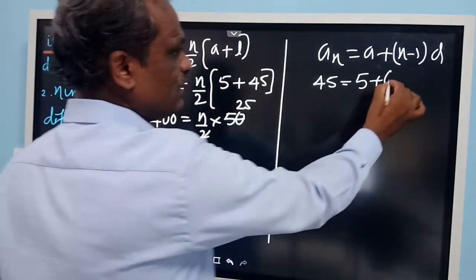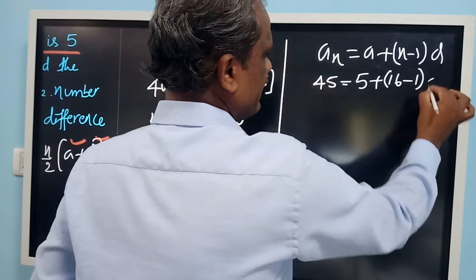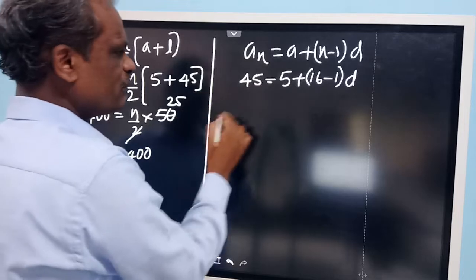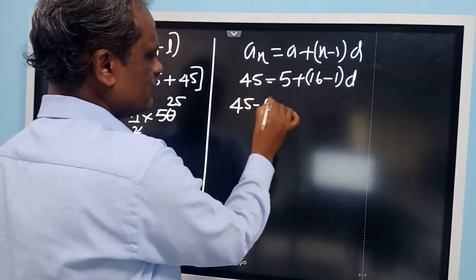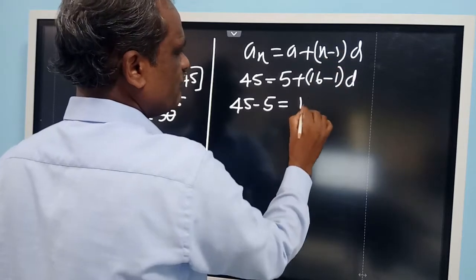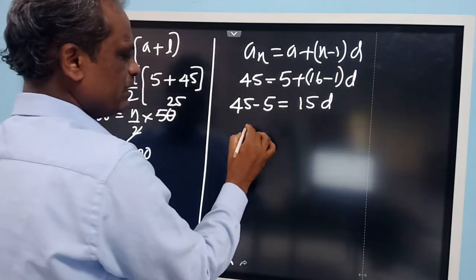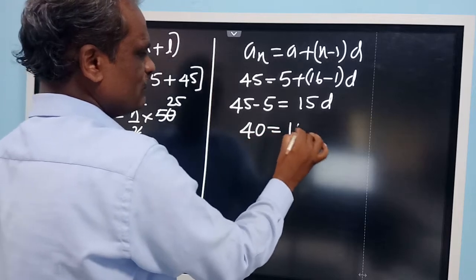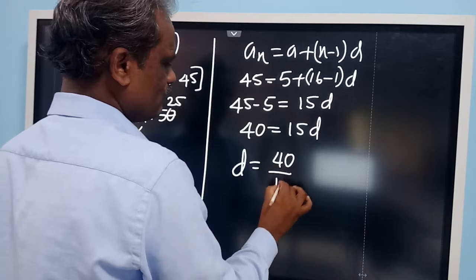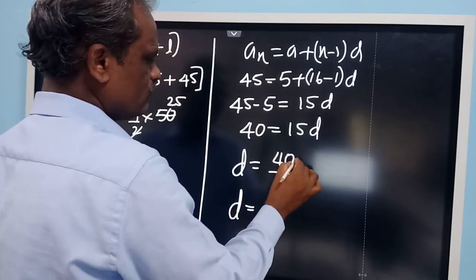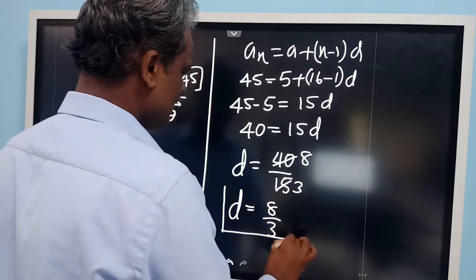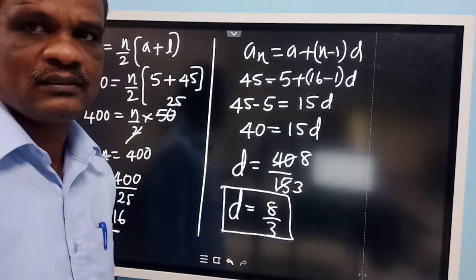We calculated the n value, 16, minus 1, into d. So only one variable is missing. We can calculate easily. Transfer 5 to the left side. 45 minus 5 is equal to 15d, since 16 minus 1 is 15. So 45 minus 5, it is 40, is equal to 15d. So d is equal to 40 divided by 15. So d is equal to 8 by 3. The common difference is 8 by 3.